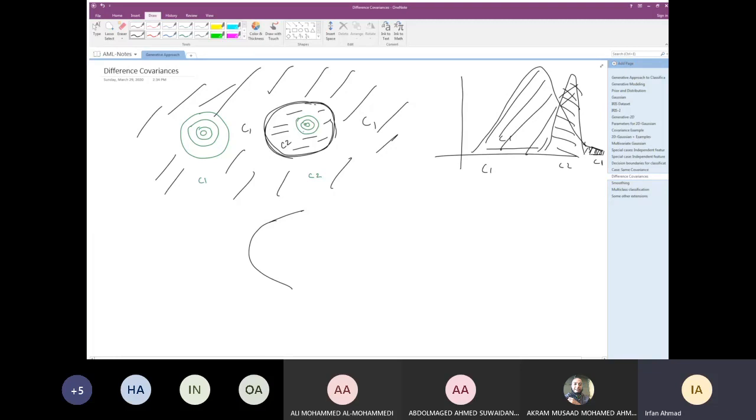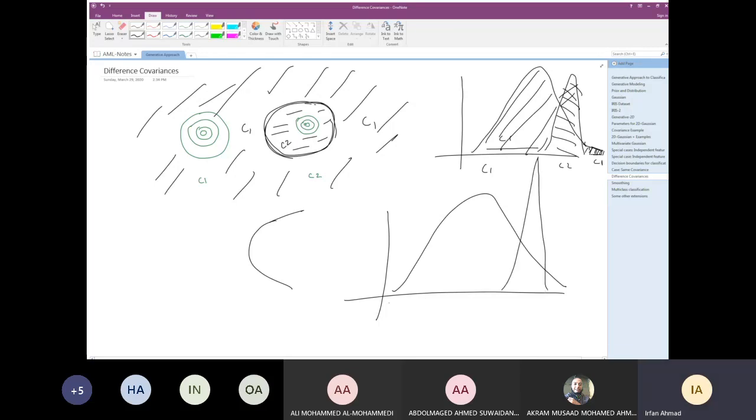So this is C1, this is the C2 class, and all the other region is C1. So again, let me draw it again, I'm not sure if it's clear. We have this as C1, more spread, and C2, let's assume, is narrower.